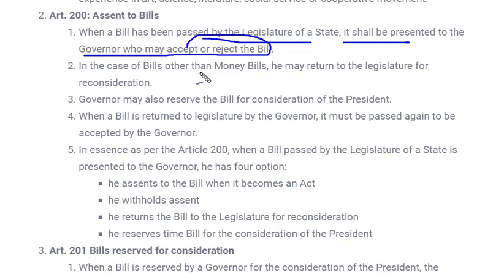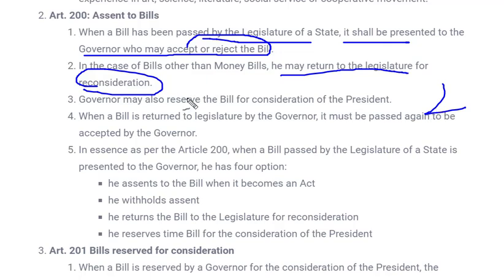Now in case of a money bill, he may return it to the legislature for reconsideration. In case of a money bill he actually has 3 options, whereas the president had only 2 options. One is that if he wants, he can give his assent; if he doesn't want, he will not give his assent, and then that bill will not become an act, whereas if he gives his assent it will become an act.